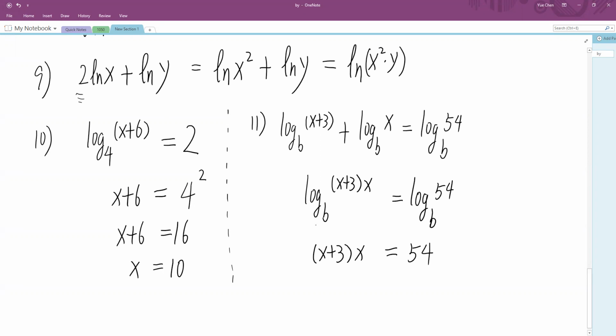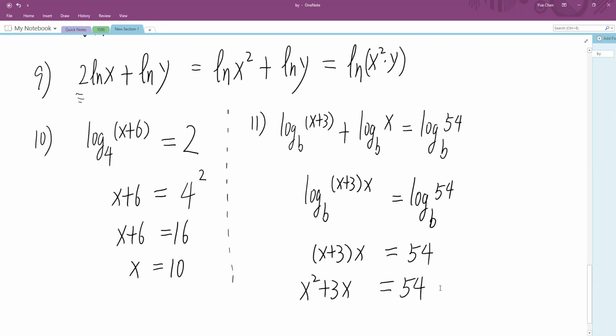Since they have the same base, same log, the inside should be the same. This is a property, right? So how to solve it? Expand it. So you have x squared plus 3x equals 54.